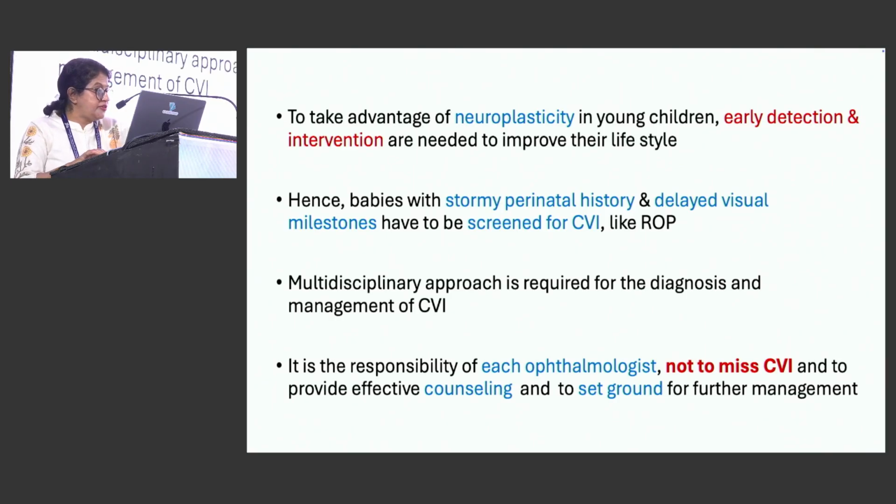To take advantage of the neuroplasticity in young children, early detection and interventions are needed to improve their lifestyles. Hence, babies with stormy perinatal period and delayed visual milestones have to be screened for CVI like ROP. Multidisciplinary approach is required for diagnosis and management of CVI, and it is the responsibility of each ophthalmologist not to miss CVI and to provide effective counseling and to set ground for further management.